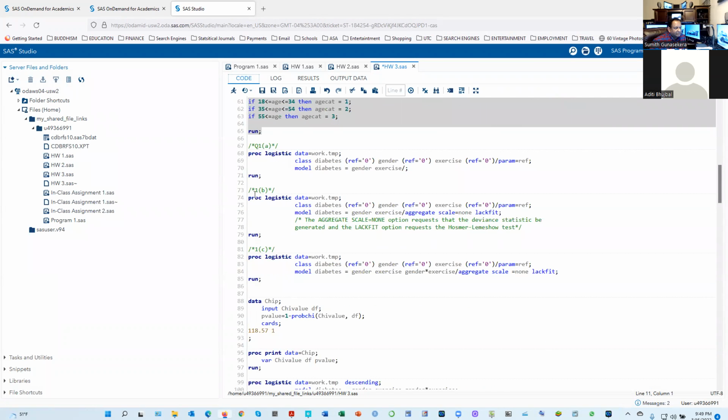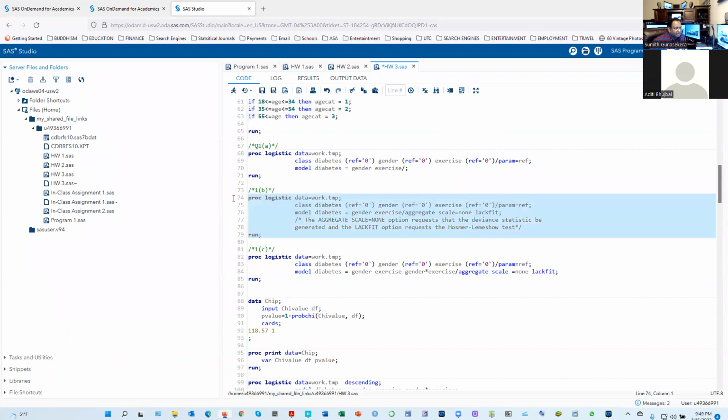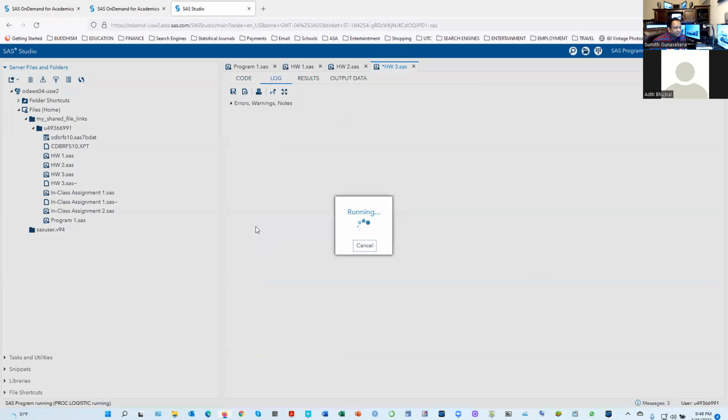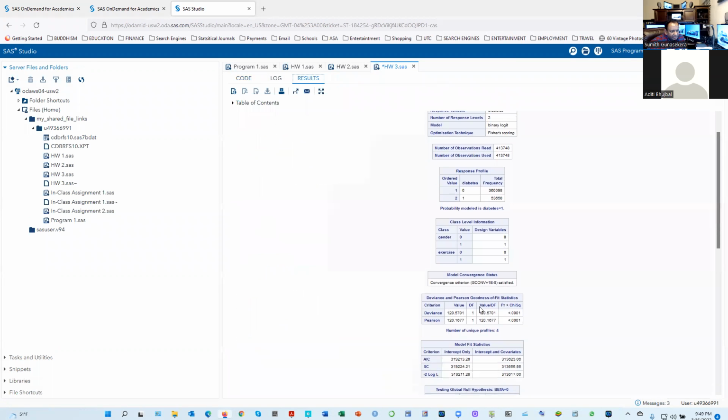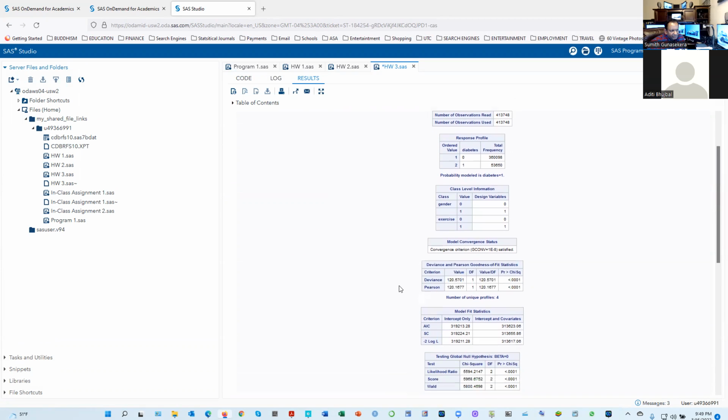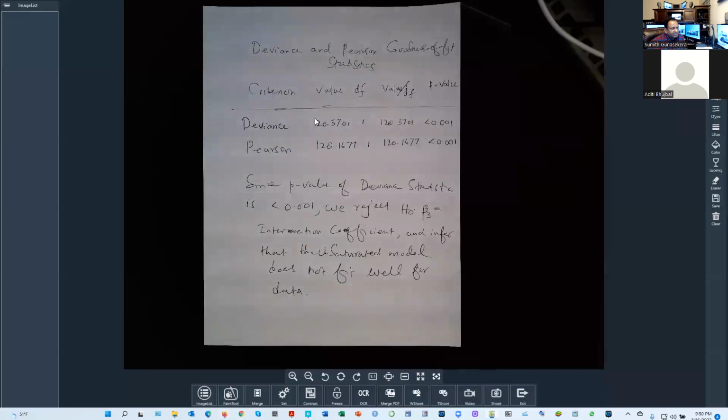Then let's put 1B. I'm interested in this one: deviance and Pearson goodness of fit. See that p-value. That's what they want us to look at. I grab that from there, 120 point, and especially you can look at the p-value.